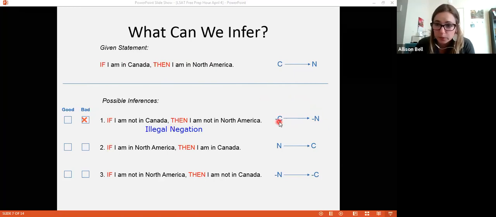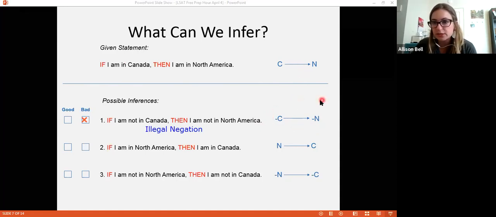It's possible in some situations for you to have a conditional statement and to coincidentally have the negation of it be true, but it's not an inference that you can trust. So when you see this on the LSAT, you want to say, no, I can't infer this. This is logically invalid. This is a problem.